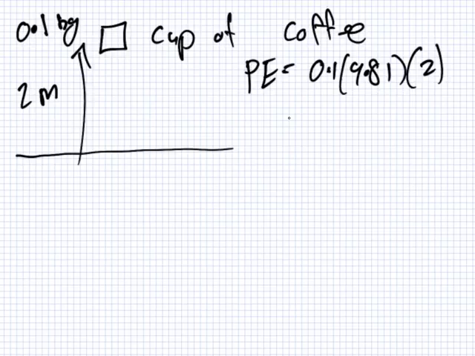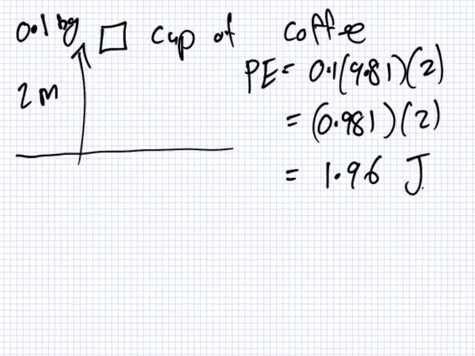That would be 0.1 times 9.81 times 2, which is about 1.96 joules. So if I hold this up here at 2 meters, it has nearly 2 joules of energy. If I let go, the energy will change from potential to kinetic as it falls.